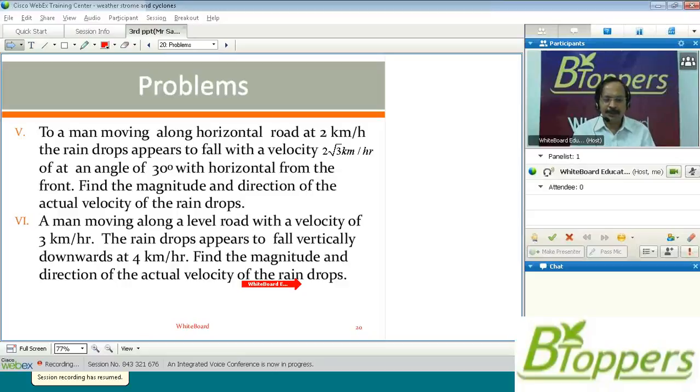This problem is much simpler compared to the previous two examples, because in this problem the two velocities are simply perpendicular to each other, and you get the answer as 5 km per hour at an angle of 37 degrees with the vertical from behind.